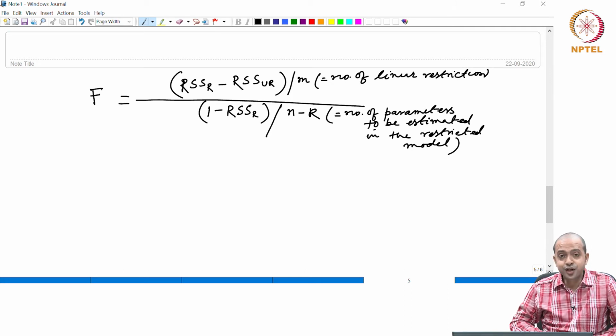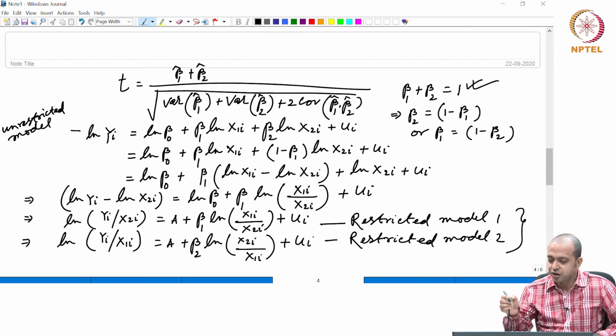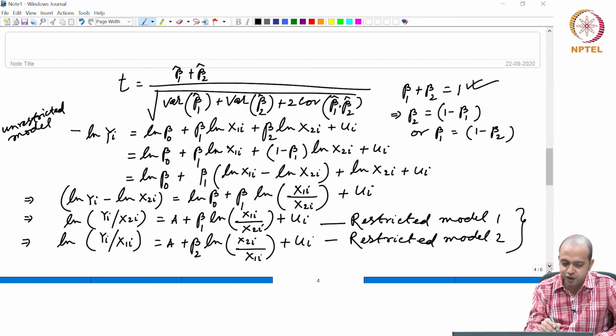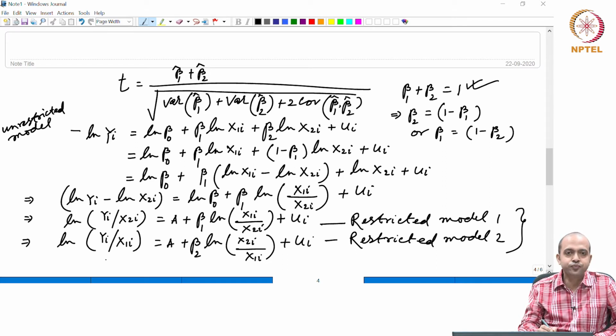We are not using R square because if you compare the restricted and unrestricted model, in the unrestricted model your dependent variable is log of yi. But in the restricted model, your dependent variable is log of yi by x1i. So the dependent variables of the two models are not the same.